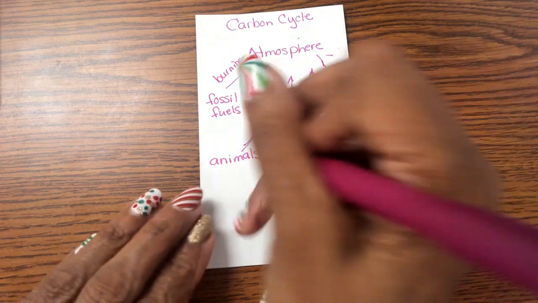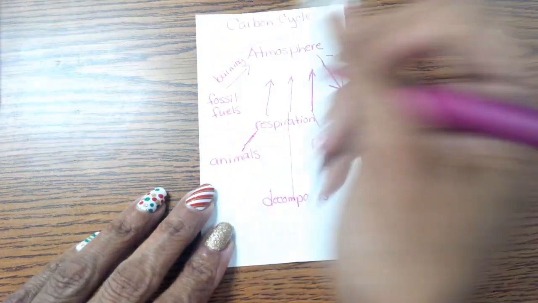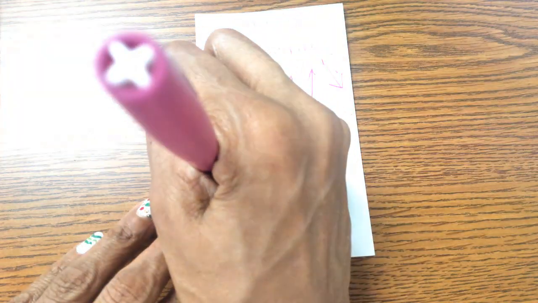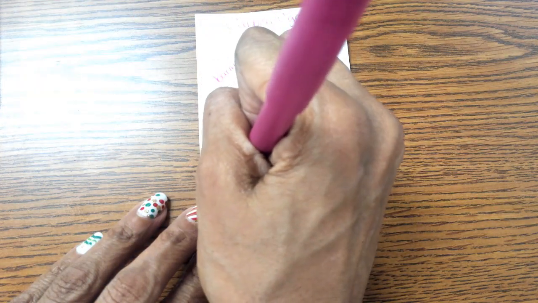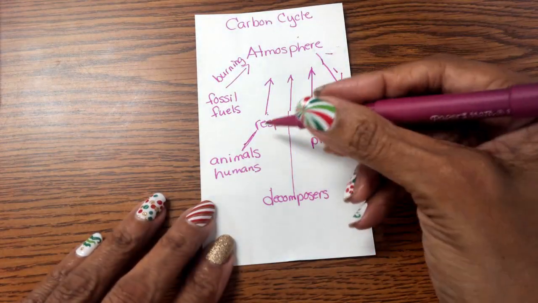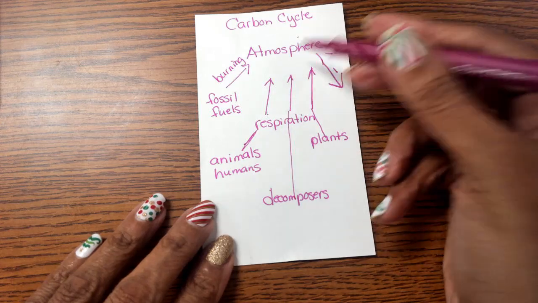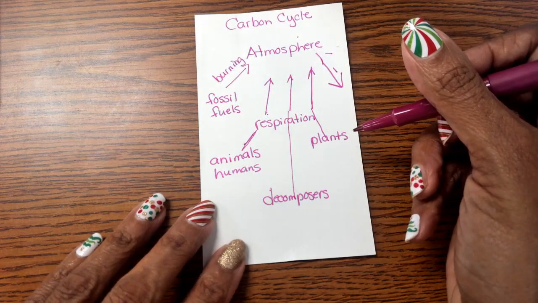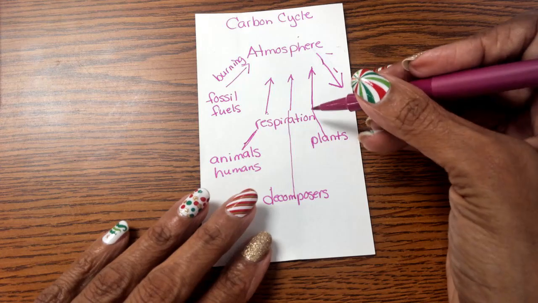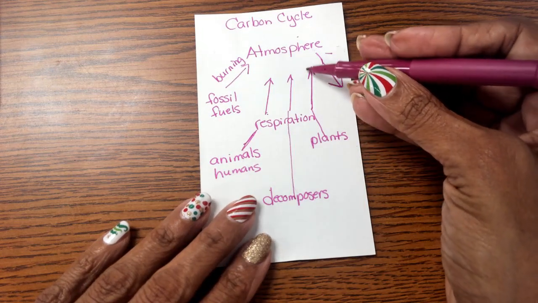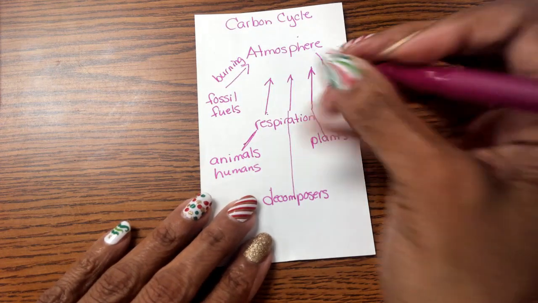So with the animals, and I'm going to put humans here too, when we exhale carbon dioxide, the carbon gets put back into the atmosphere. Okay? When plants die, they release carbon back into the atmosphere.